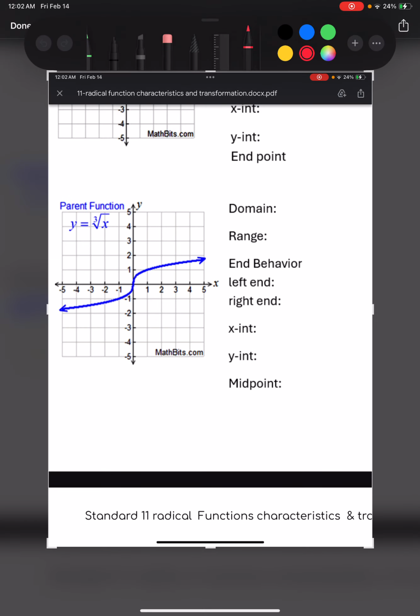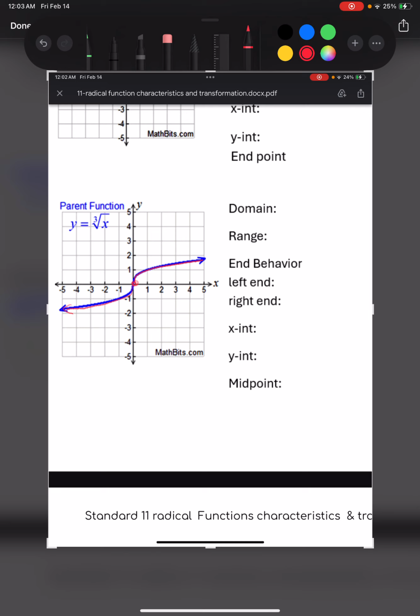The difference between the previous graph and this one is, you see the previous one ended over here and only had the part above the x-axis, but this one has this bottom part as well. So the range should be different, and also the domain should be different.